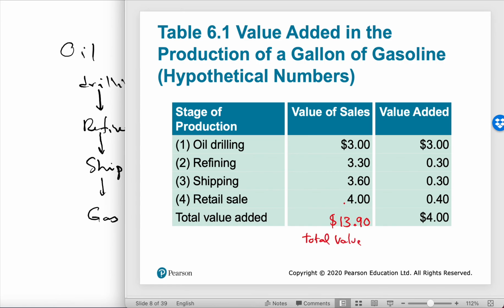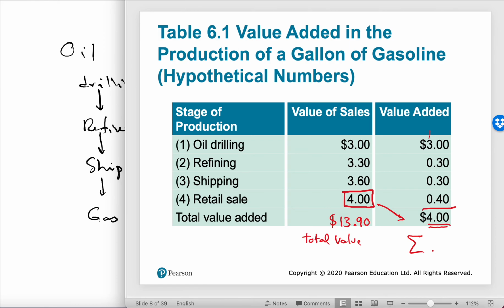But remember, this was a series and the final product is this one. Only the last part is the final product. And imagine what is the total summation of the value added. The value added is 3, 0.3, 0.3, and 0.4. So this gives 1 on top of the 3, and this is exactly $4.